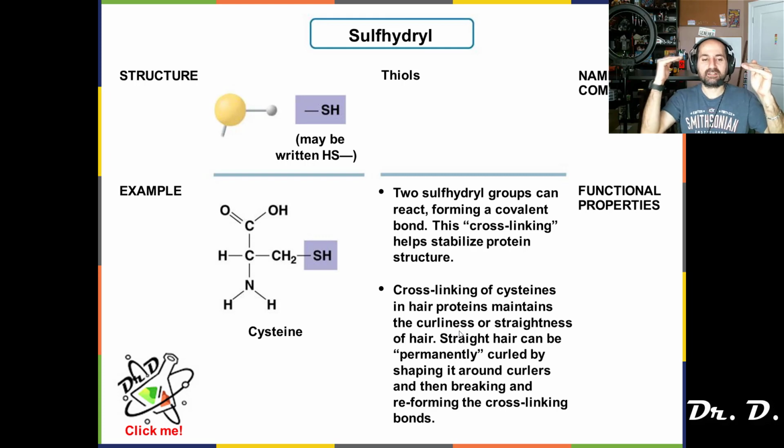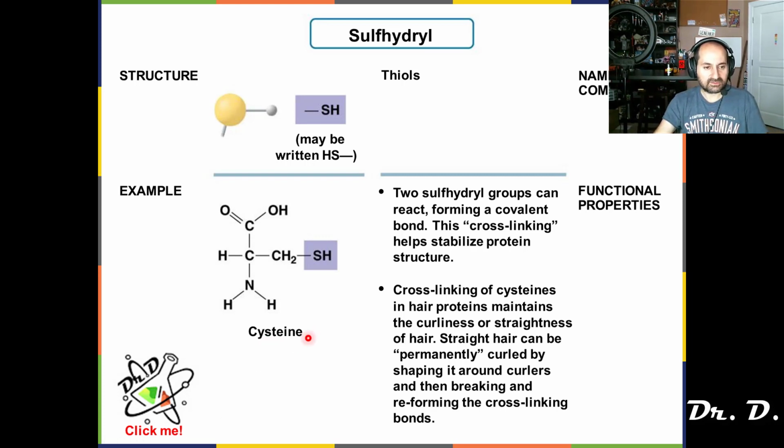Sulfhydryl groups covalent bond with other sulfhydryl groups. When two sulfhydryl groups come into contact, they form strong covalent bonds called disulfide bridges between them. For example, this is why your hair is curly or straight.